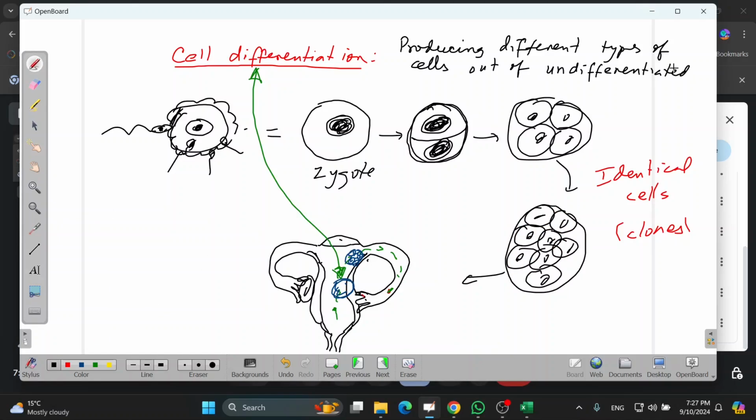Out of undifferentiated cells, what we call them again? Stem cells. Right? Good. So we have cell differentiation. We have cell specialization here because as they differentiate, they specialize. Some of them become blood cells, and that is their specialty, right?